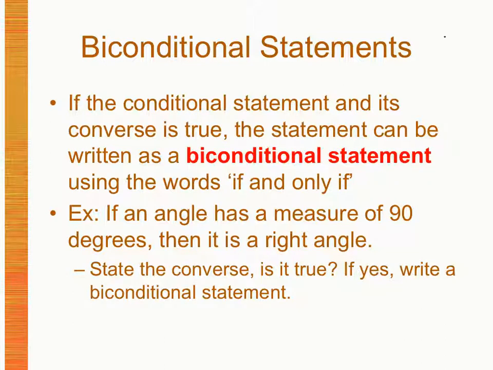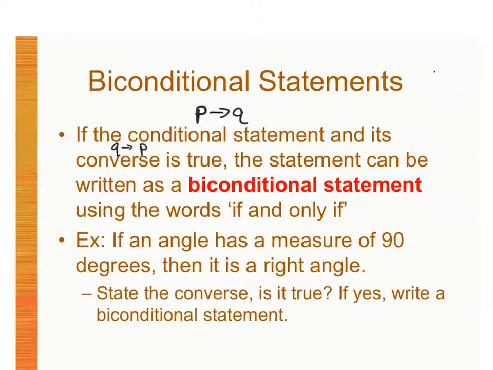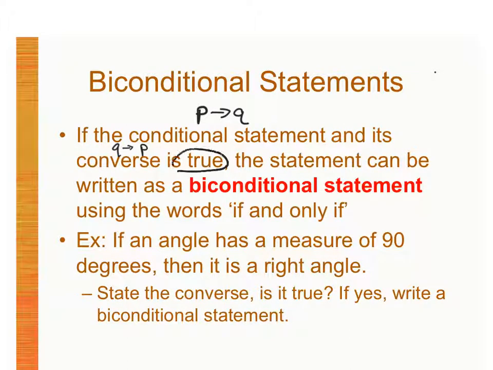What that means is the conditional statement looks like this: if P then Q. If this is true and the converse is true, that's this one right here, if Q then P. If both of those things are true, then we can write it as a biconditional statement. We're going to rewrite it using the words if and only if. We're going to combine the two statements with if and only if.